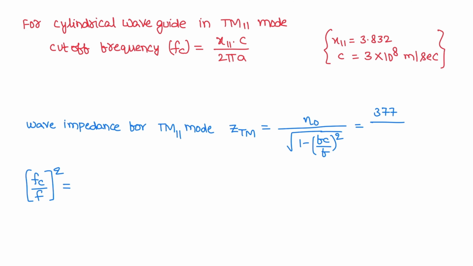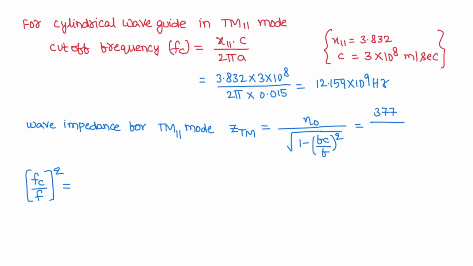Fc is 3.832 into 3 into 10 power 8 meters per second by 2 pi a, where a is the radius, its value is 0.015. Upon calculation we will get cutoff frequency Fc is 12.159 into 10 power 9 Hertz.